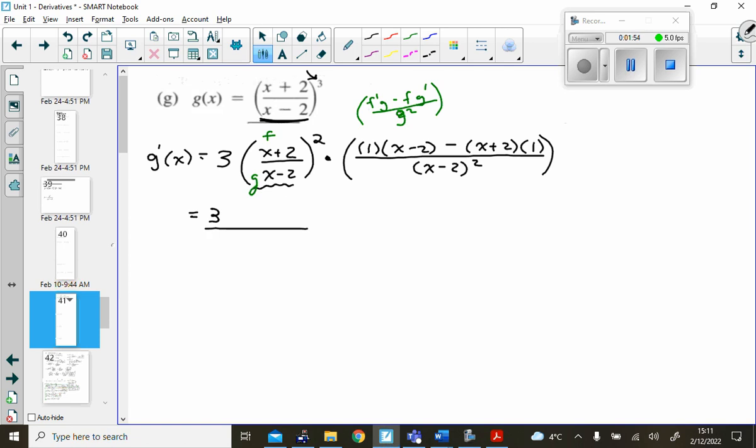I'm going to break this square onto both terms, and you'll see why in a second. So I'm going to call that x plus 2 squared on top, x minus 2 squared in the bottom. Then I'm going to multiply by this other fraction that you see. So here you have x minus 2 minus x minus 2 on top, because the negative distributes in. And in the bottom here I have x minus 2 squared.